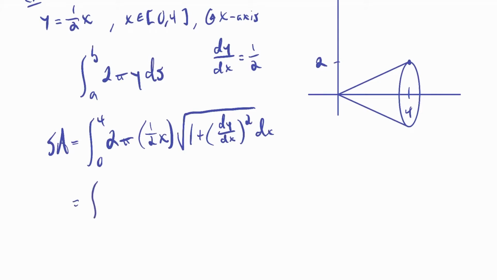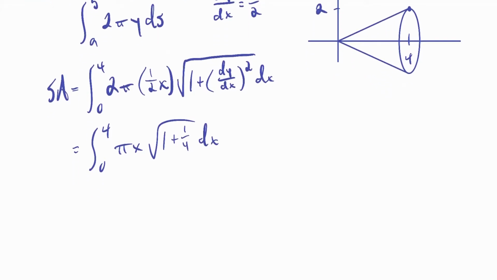So this is the integral from 0 to 4. The 2 and the 1/2 can go ahead and cancel. So this will be pi x times the square root of 1 plus 1/4 dx, right? 1 plus 1/4, that's 5/4. And then the pi as well is just a number that can move out front. So pi times the square root of 5/4 times the integral 0 to 4 of x dx.